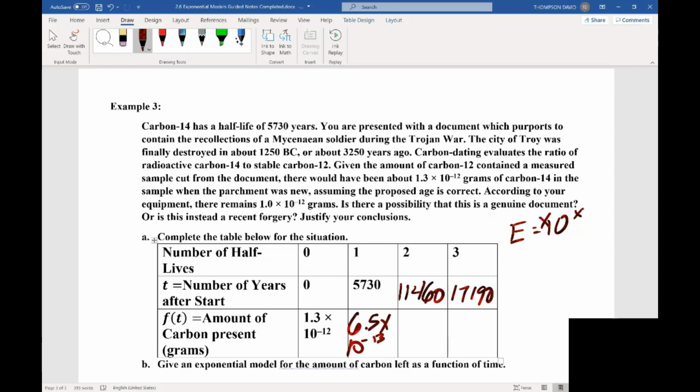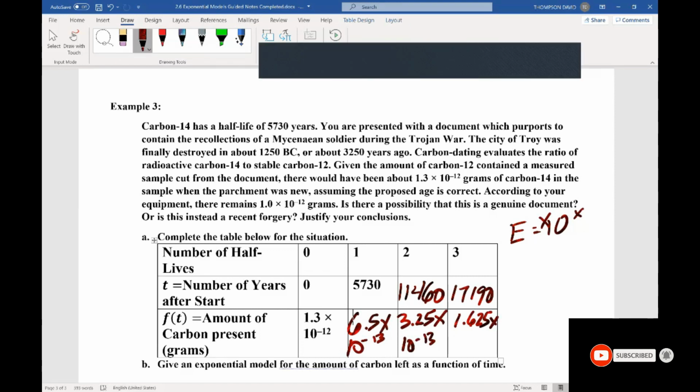Then we do half of that value, and we get 3.25 times 10 to the negative 13th. And one more time, times 0.5, and we get 1.625 times 10 to the negative 13th.